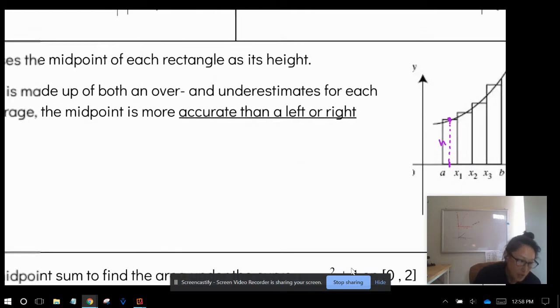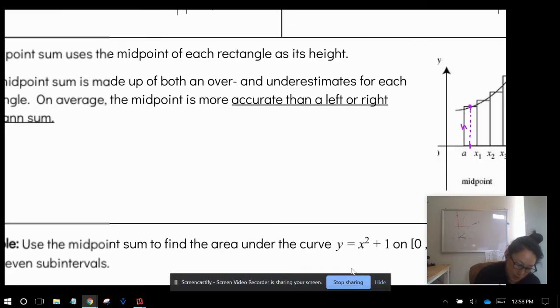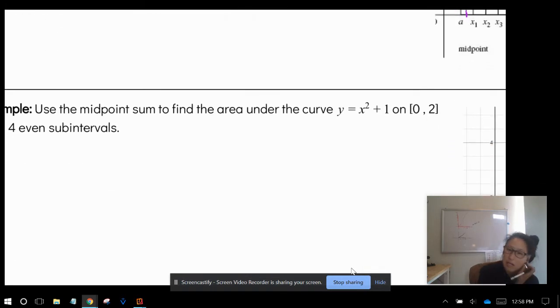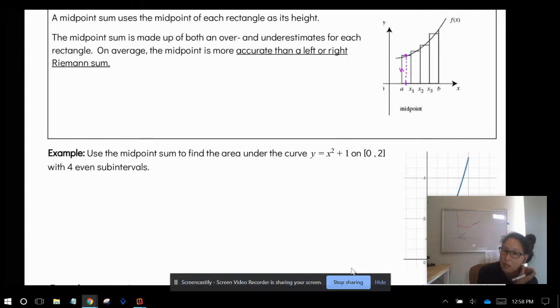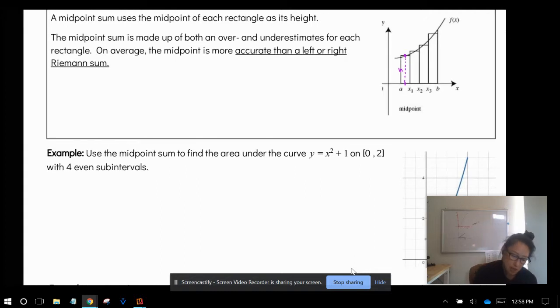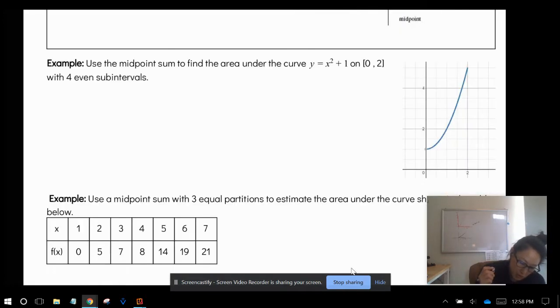Okay, so what we know is that using the midpoint is a more accurate Riemann sum, because when I use the midpoint, some of the rectangle is above the curve, and then there's a little bit of the curve that is not accounted for. So it kind of averages itself out a little bit better. Okay, so we're going to do the midpoint sum.